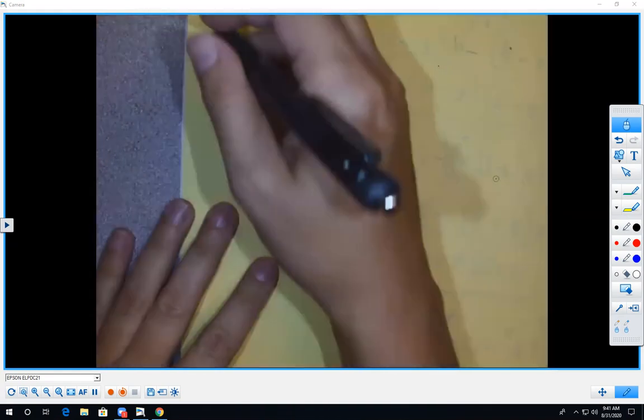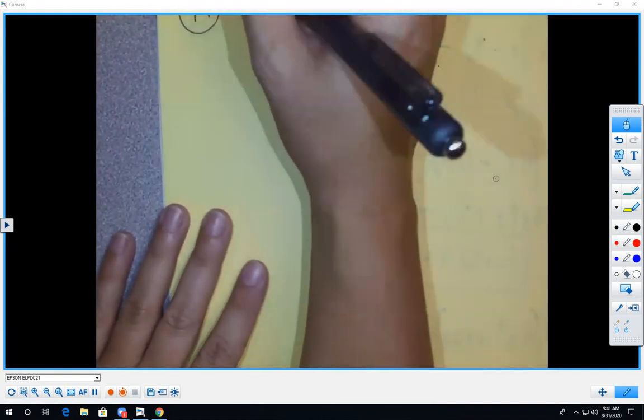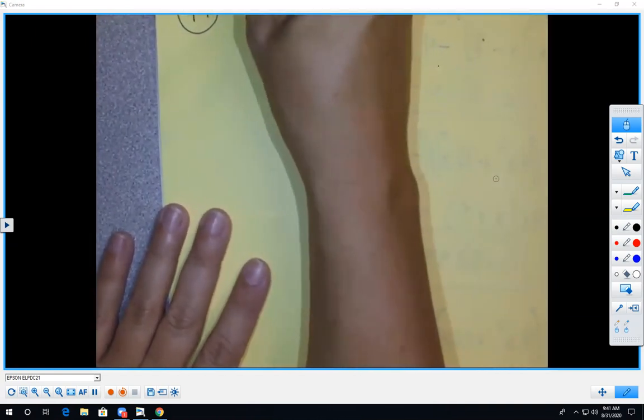So let's do one that's kind of weird. This one's just a little bit weird. If I had 2x squared minus 10x plus x minus 5.